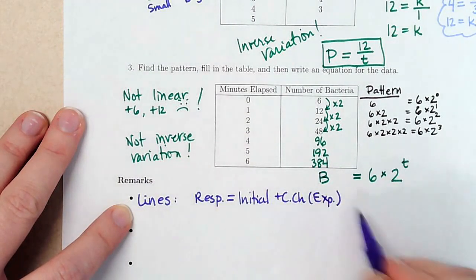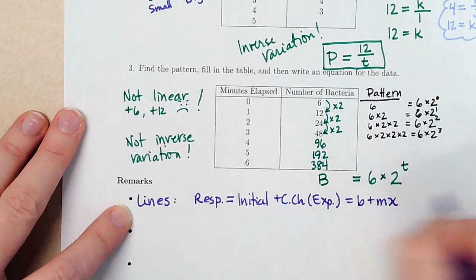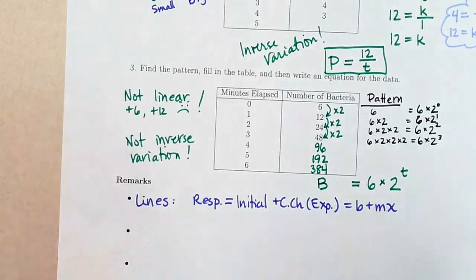How many times did that constant change happen? So it was B plus MX, okay? And that was the constant add or subtract. Okay, this one is different.